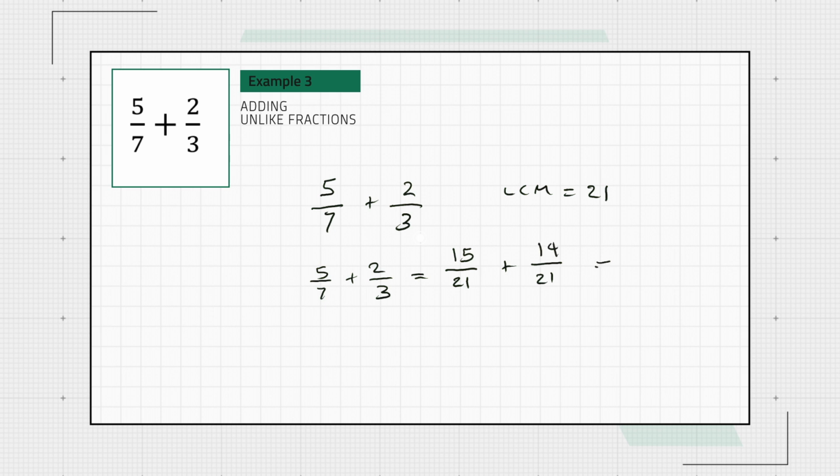So the end result is going to be 15 plus 14 over 21, and that's going to be equal to 29 over 21. Now, that's an improper fraction. We can leave it that way, or we can answer it as a mixed number. So, this will be equal to 1, and then the remainder after we take away 21 from the top, which is going to be 8 over 21.